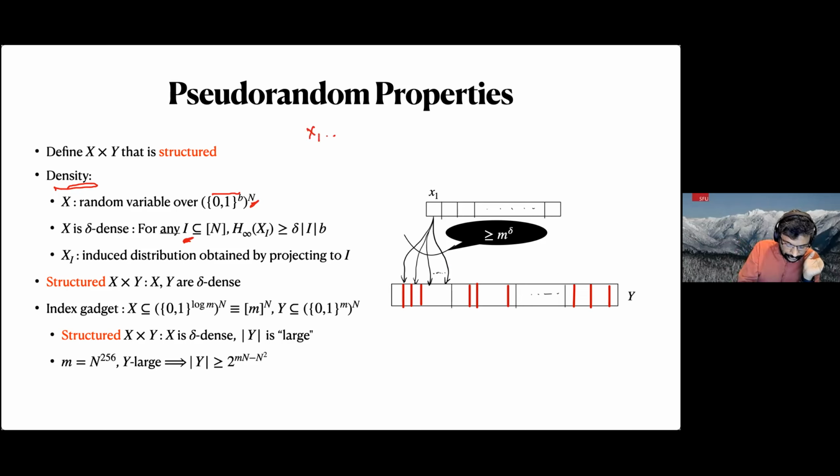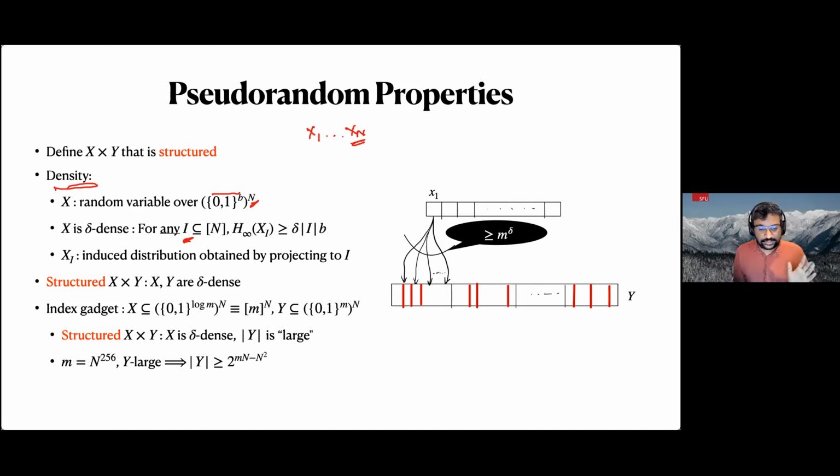So we think of each of these vectors x1 to xn as a block of b bits. If you look at any subset of blocks I, then you look at the min entropy of that block. The maximum min entropy that block I can have is |I| times the number of bits in that block. This says that if it is delta dense, then it's at least some delta fraction of that.